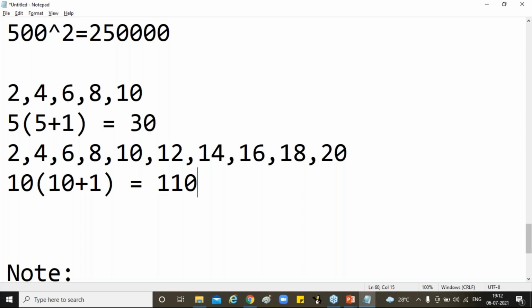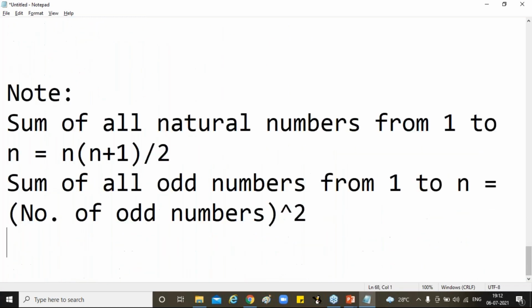Hope all of you understood? If there are 50 even numbers, the sum should be 50 into 50 plus 1. So write down a note.